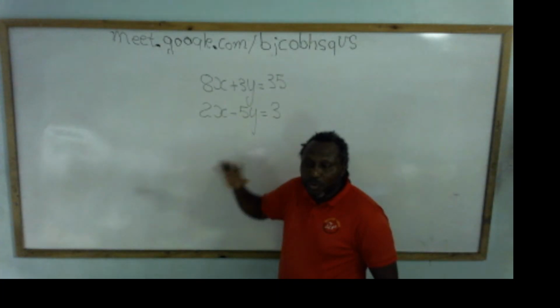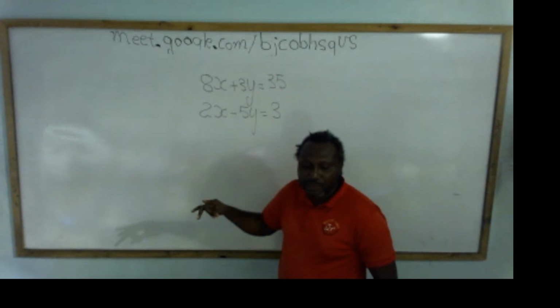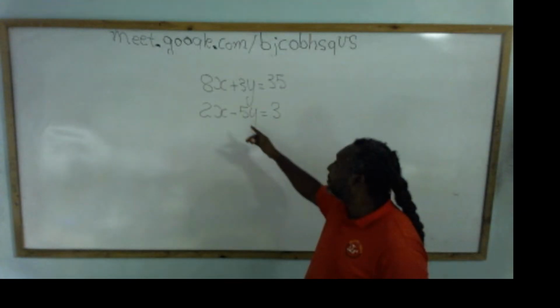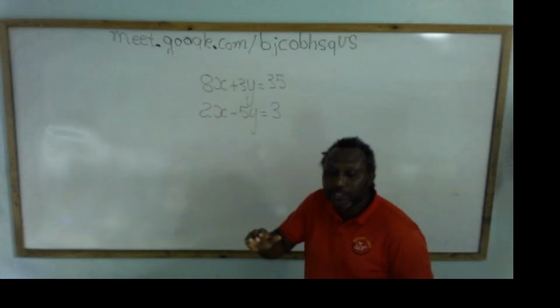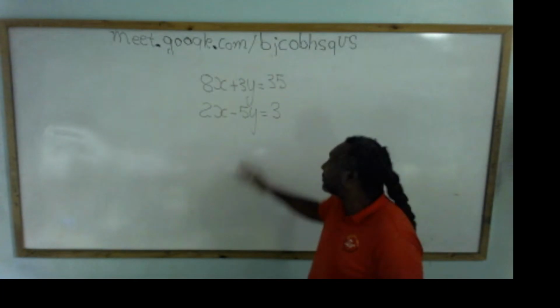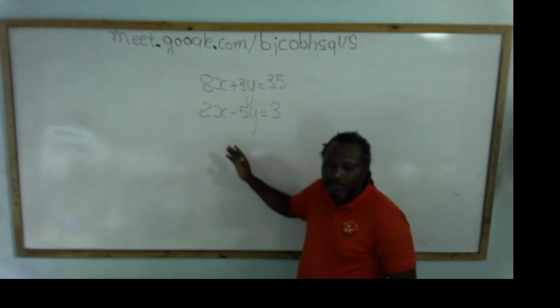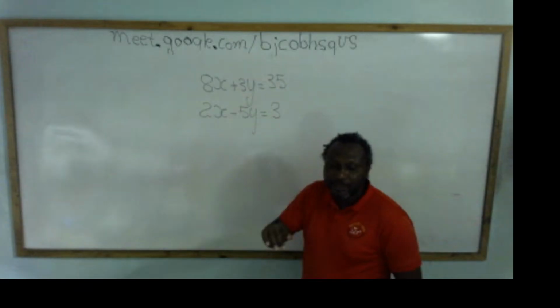Most methods of solving a pair of simultaneous equations will make an attempt to write, first of all, one equation in one unknown. So we have two equations with two unknowns, and our aim is to arrive at one equation with one unknown.